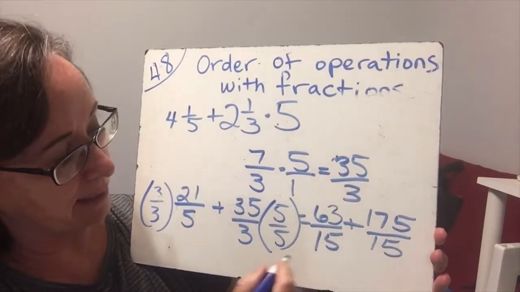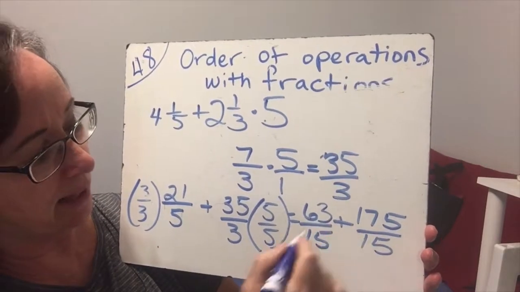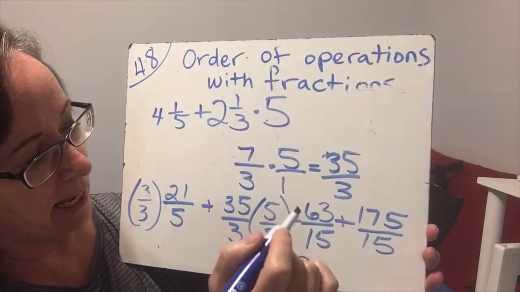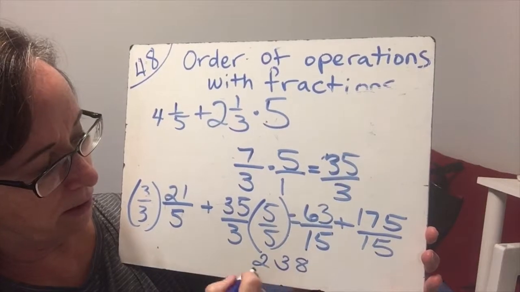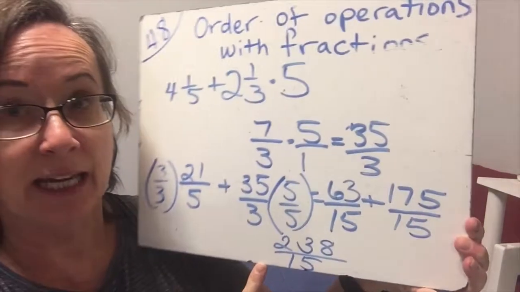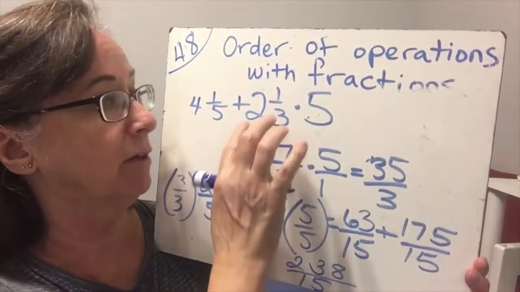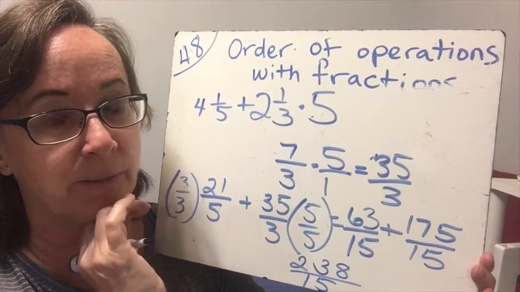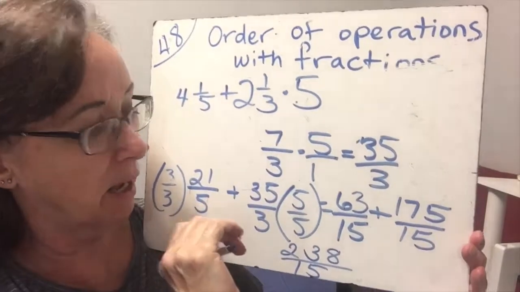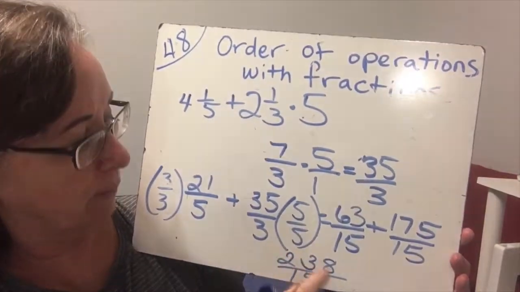So now when I add these together, I'm going to get 238 over 15. And that is improper, which is normally okay, but you notice our problem started in mixed numbers, so convention, we usually leave the answer in mixed numbers. So I'm just going to go ahead and divide this out.